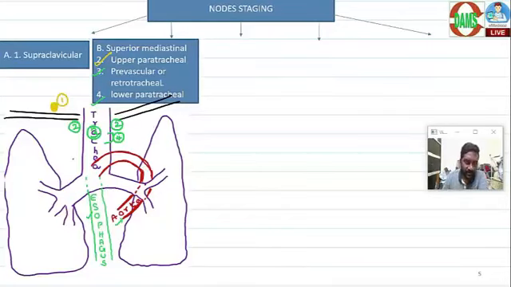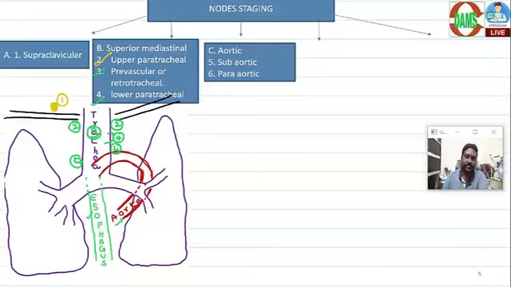Then we have lower paratracheal, around the trachea in the lower portion. So superior mediastinal: we have upper paratracheal, prevascular, retrotracheal, and also lower paratracheal.